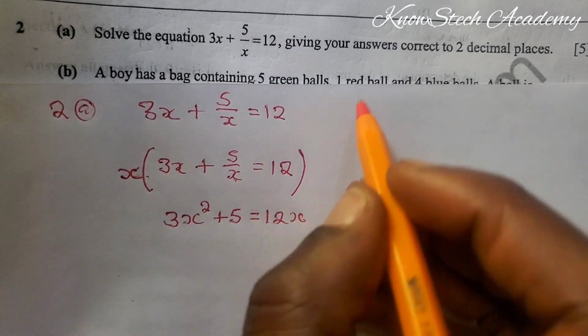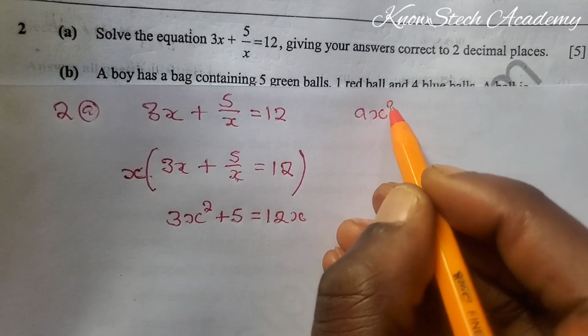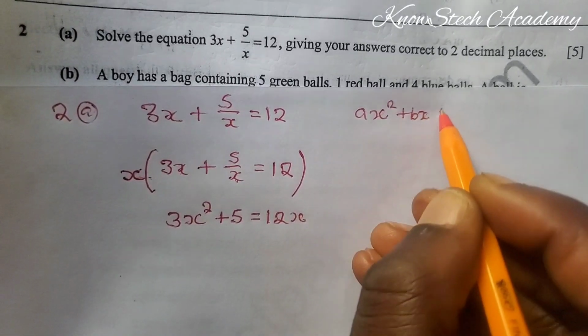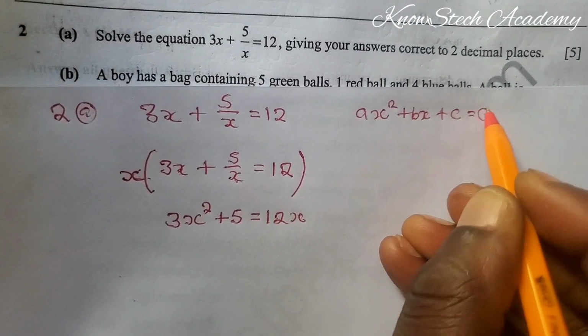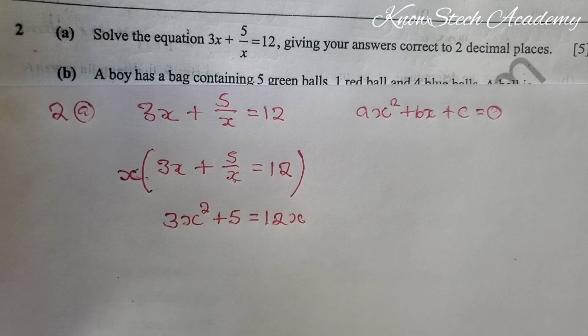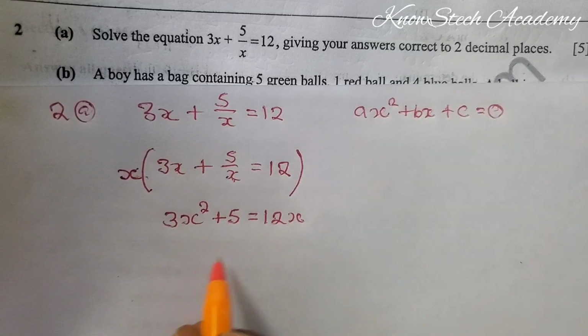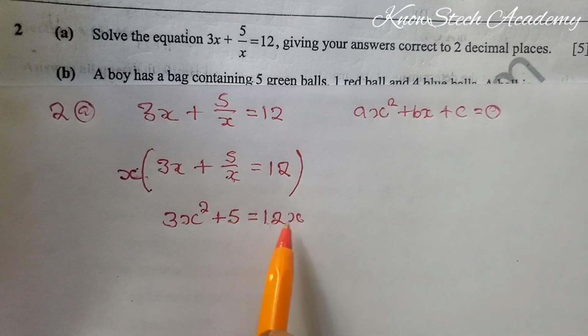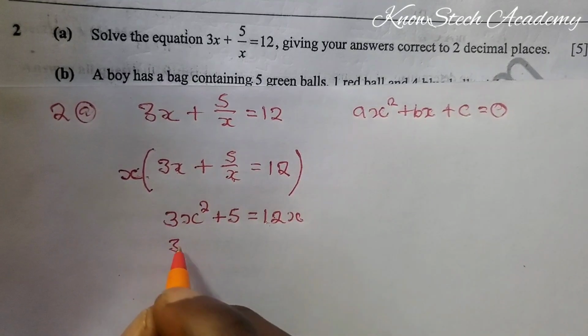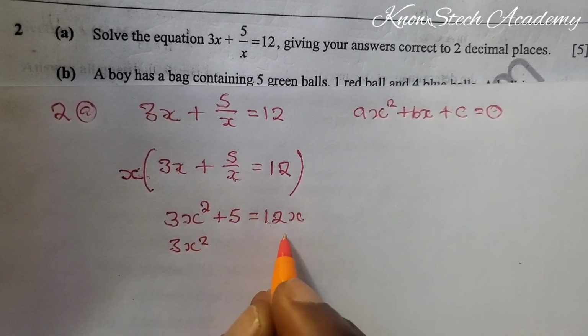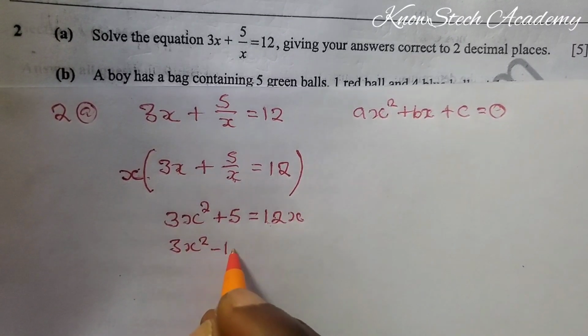You know the form is ax squared plus bx plus c equals 0. That is the form of a quadratic equation. Now let's write this equation in that form. It will be 3x squared, then the 12x crosses the equal sign and becomes minus 12x.